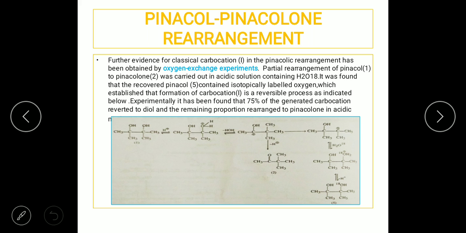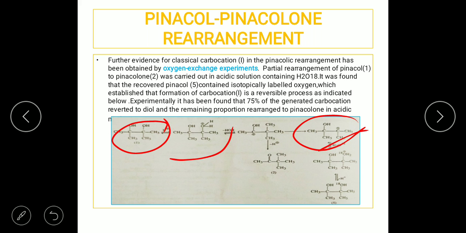This is how it was proved that carbocation 1, the classical carbocation 1, was generated during this process. How can we know this? Only when isotopic labeling is done. We know that water is getting eliminated, and we know water as a solvent will be present in the reaction. If this carbocation reacts with water, then you will not know whether it is from the first reactant or from the water molecule generated in the second step.